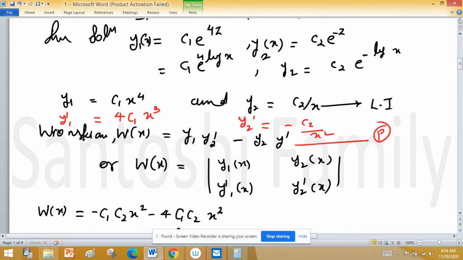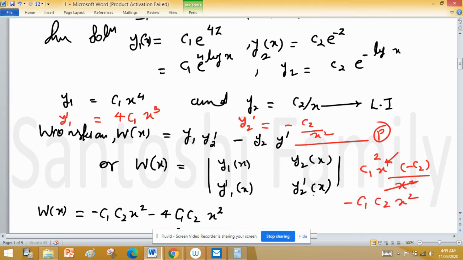Then use these values in this equation. So y1 y2', it means c1 x⁴ times minus c2 upon x². Now the powers of x cancel out, so it means −c1 c2 x².